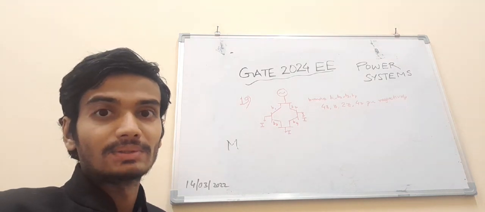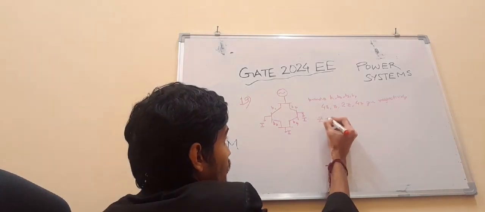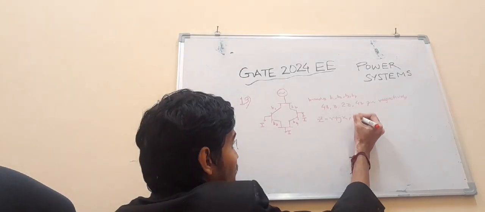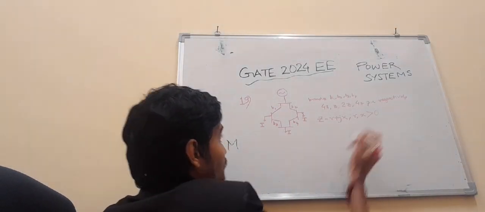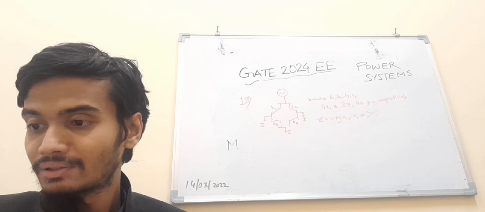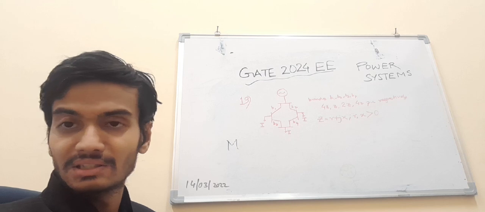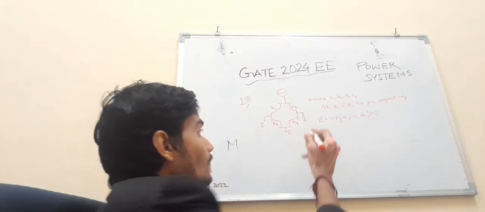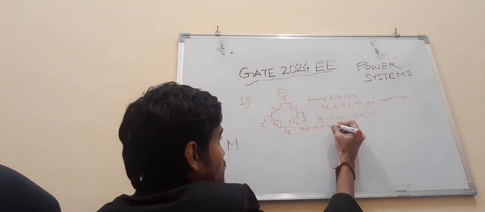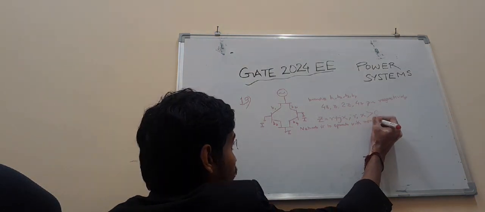Okay, something like this is given, and it's also given Z equal to R plus jX, where R and X are strictly positive. Has to be because they are impedances, of course. And it is given that the network is to operate with minimum loss.